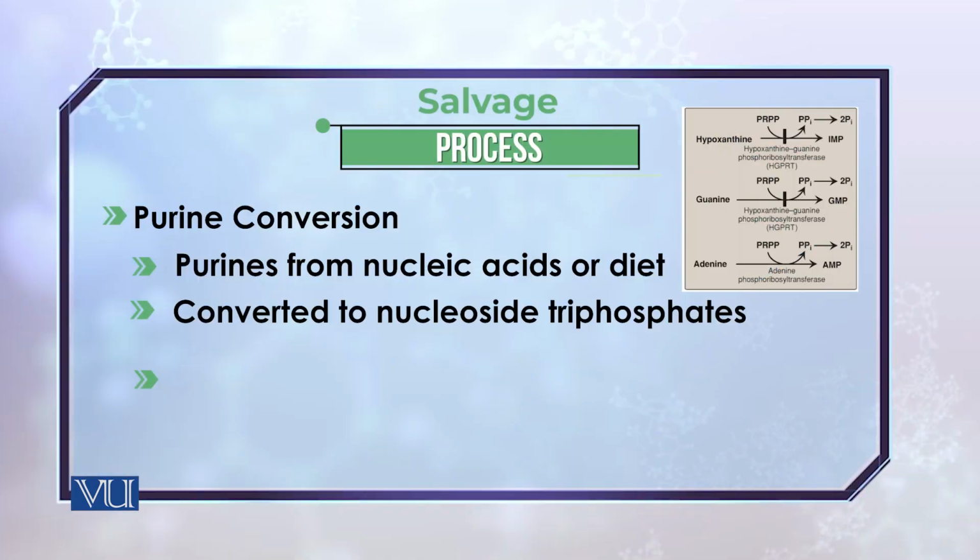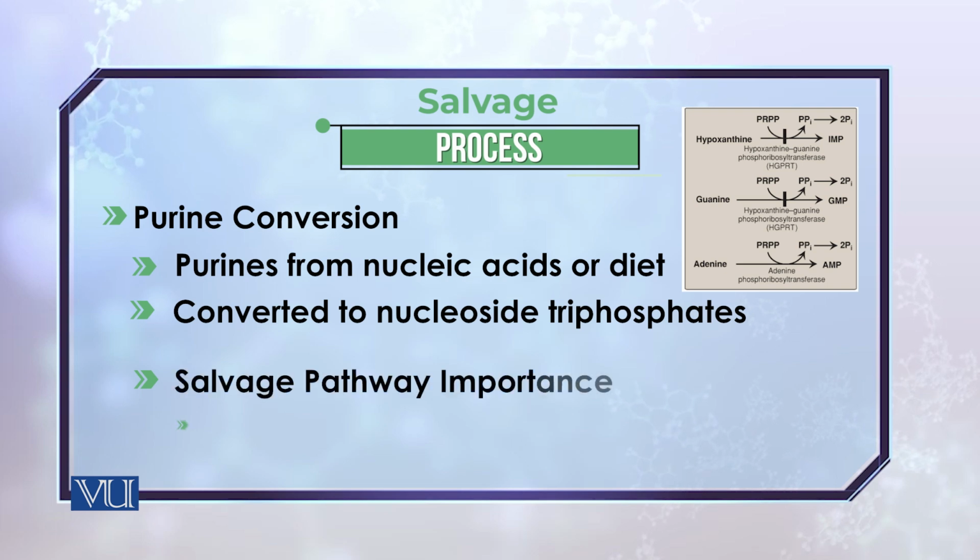Let's say if purine compounds like adenine or hypoxanthine or guanine, you get from your diet or from the nucleic acid, that can then be salvaged for the formation of corresponding nucleosides like inosine monophosphate, like guanosine monophosphate, like adenine monophosphate.